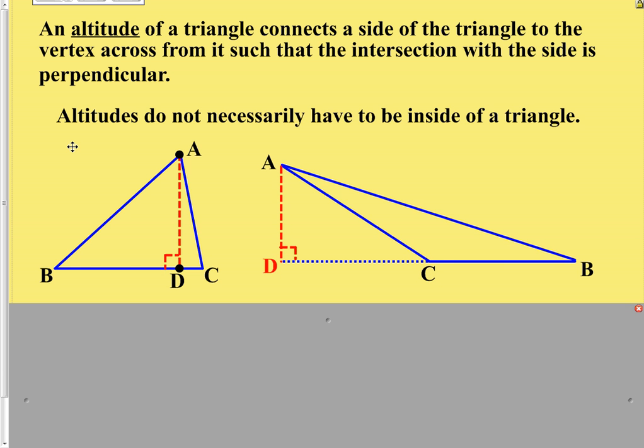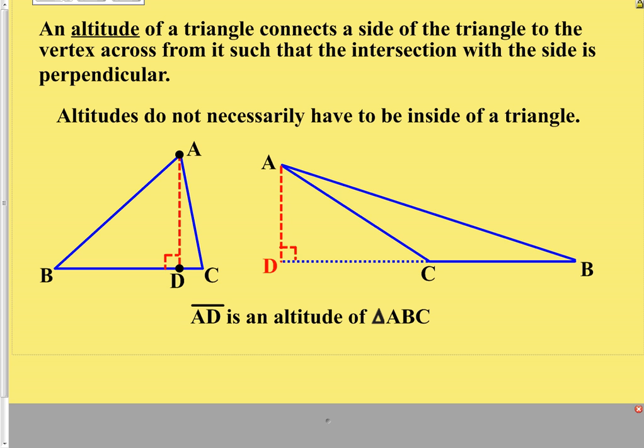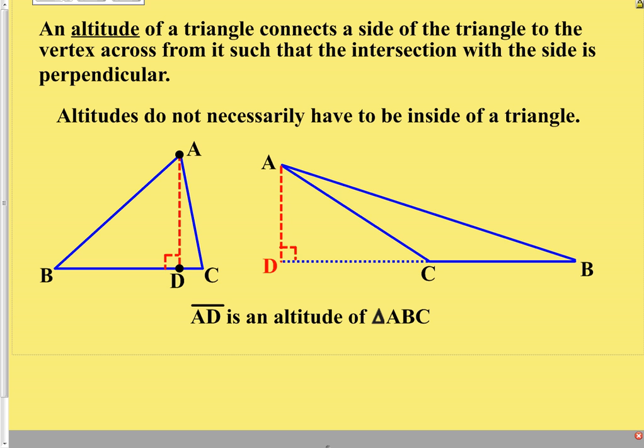I've given you two diagrams here. The left-hand one showing you an altitude that would be inside of a triangle, and the one on the right is an altitude that would be outside of the triangle. Now, in both cases, they're both triangle ABC. Line segment AD is going to be an altitude of these triangles, and it is an altitude because of what the definition says.